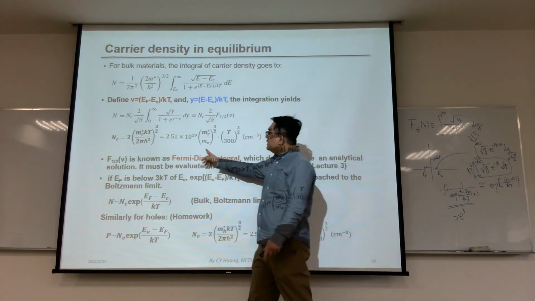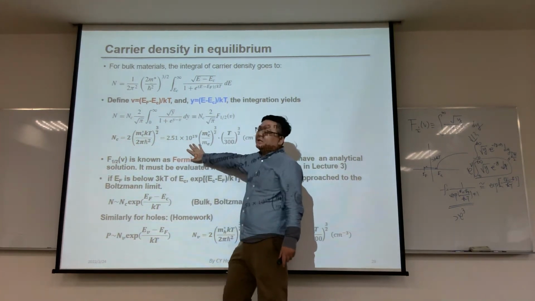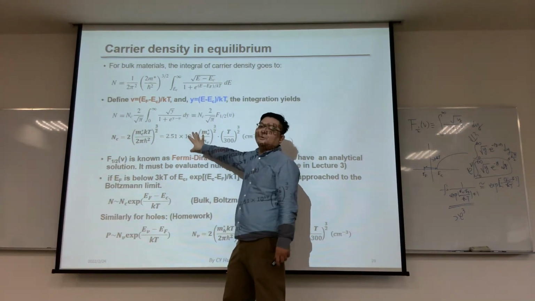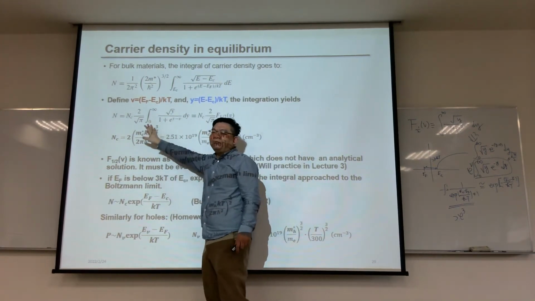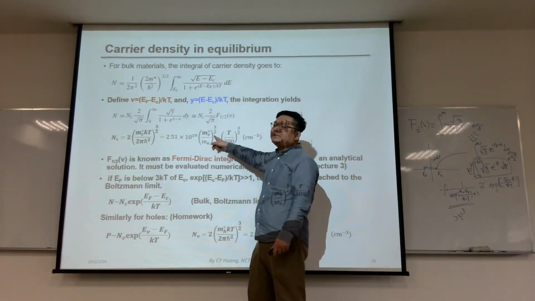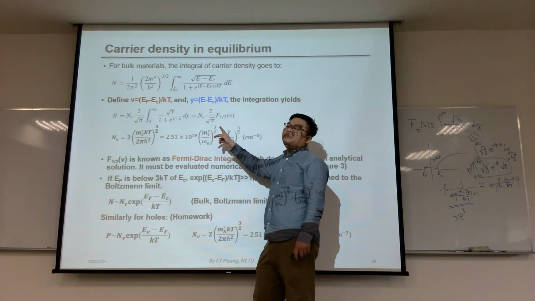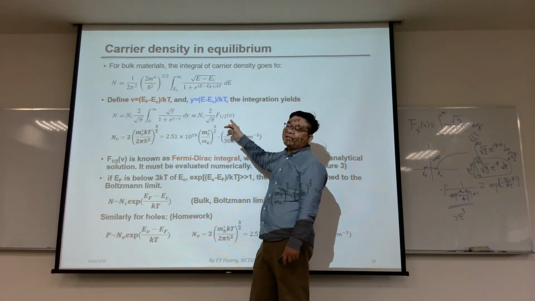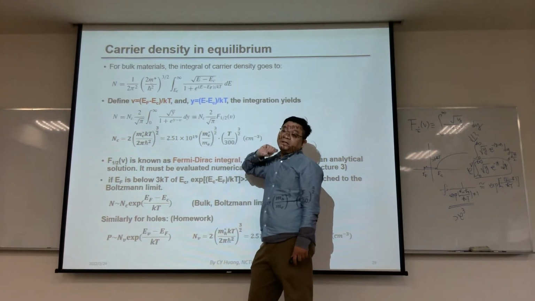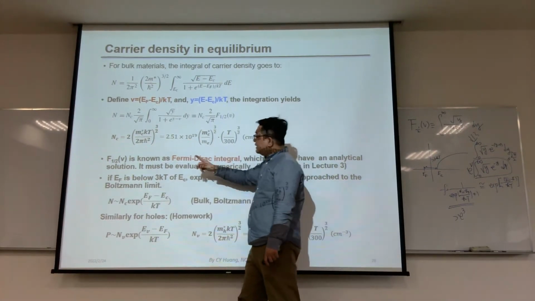Okay, so for the Nc, similarly we can pull the constant out. This is important for you to do the homework. You don't need to calculate everything again. For example, if I tell you the effective mass is 0.0667, then you only need to put the number here, then directly find the density of states.